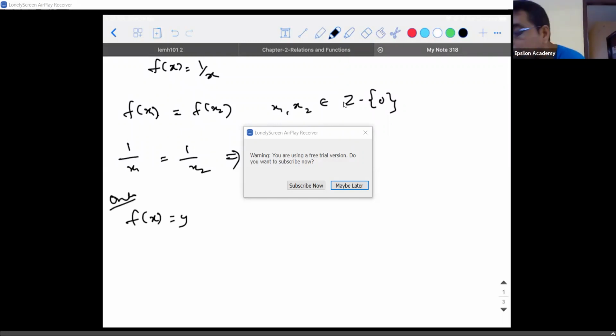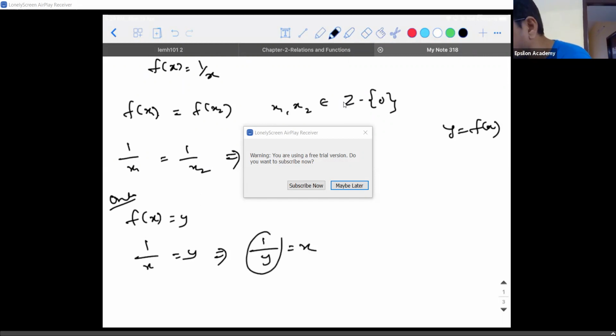What did I say? f of x is whatever function is given, write it as y. Then swap, write x in terms of y. Simple logic. y is f of x, so x will become f of y. Okay, they will get swapped. Which implies 1 by y is x.